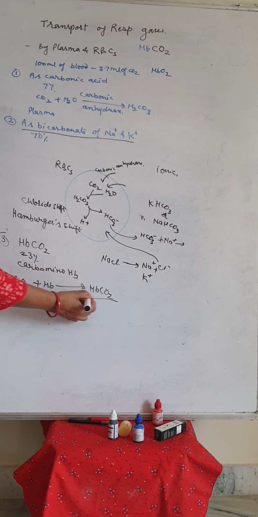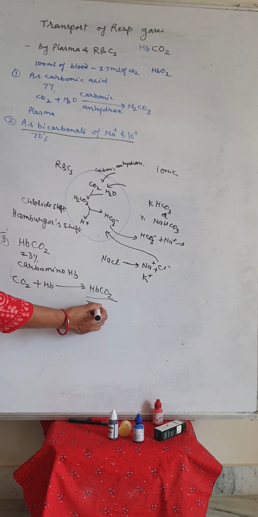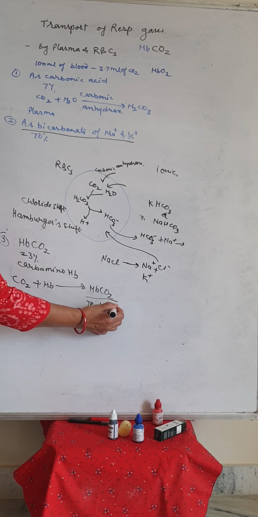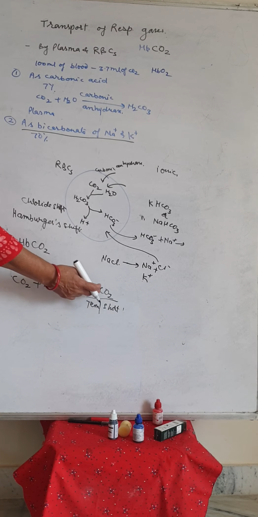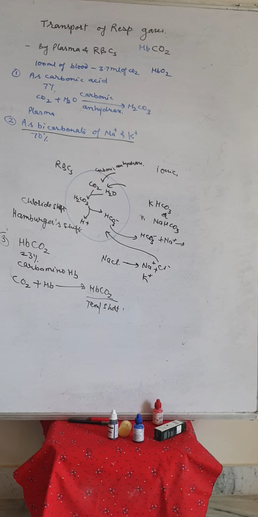This compound is also temporarily formed, short-lived. It dissociates to release the carbon dioxide. The amino group of the hemoglobin combines with the carbon dioxide and forms HbCO2. So 23% of CO2 is carried by hemoglobin.